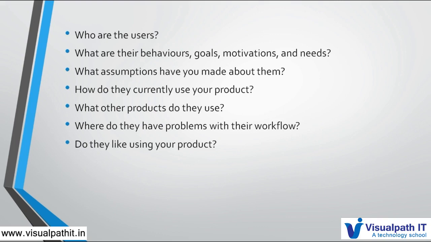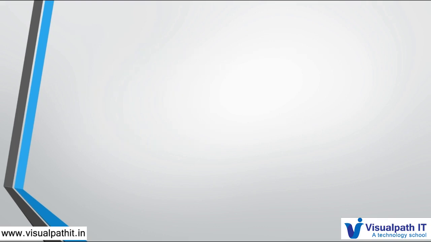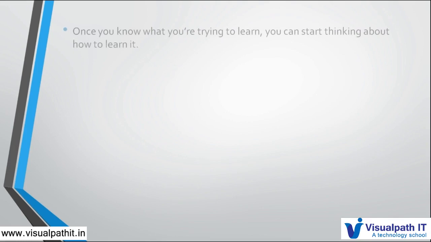So this is all what you need to decide before collecting the data or the information. Once you know what you are trying to learn, you can start thinking about how to learn it.